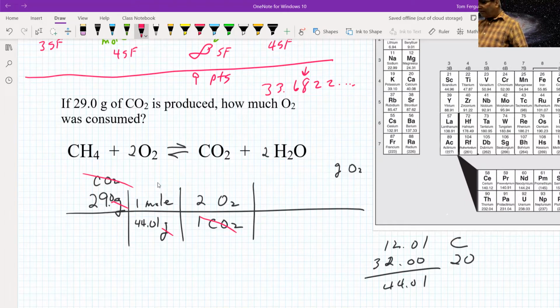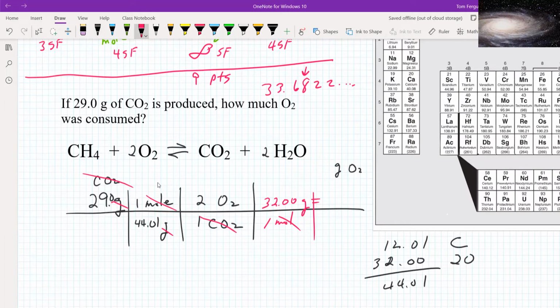Step 3 is now we want to take our moles of oxygen to our calculated, which in this case are grams of oxygen. So again, that's the molar mass of oxygen, which is 32. So notice now again, our dimensional analysis, everything cancels except what we're trying to find.